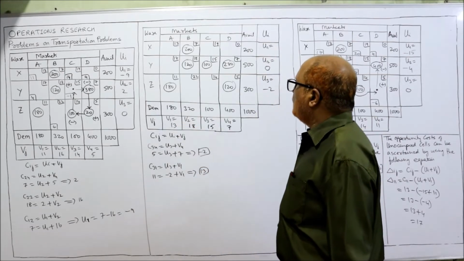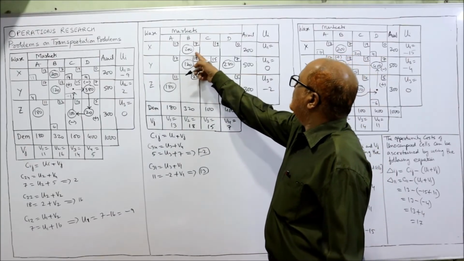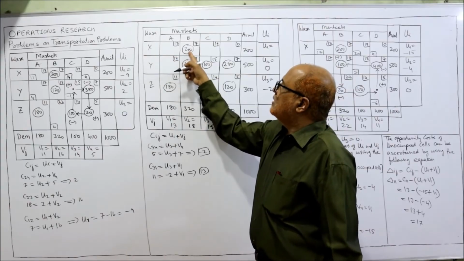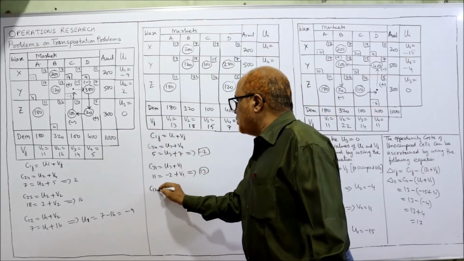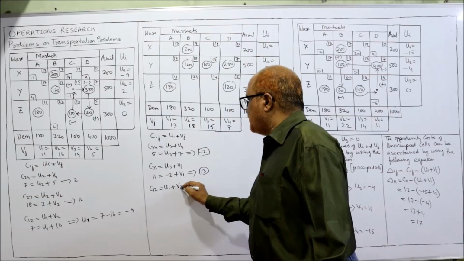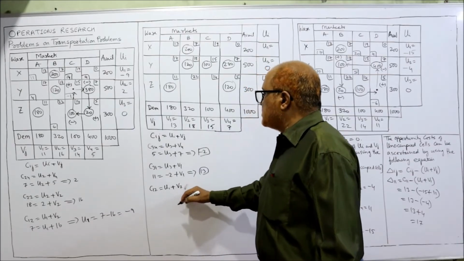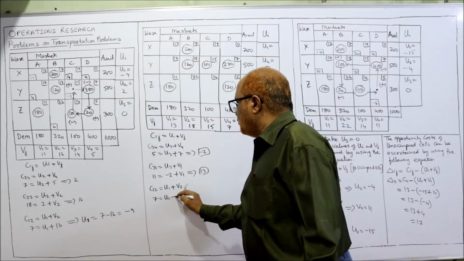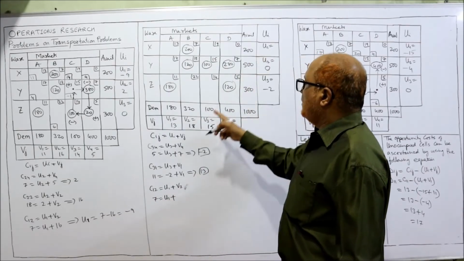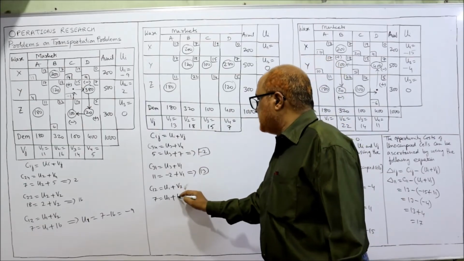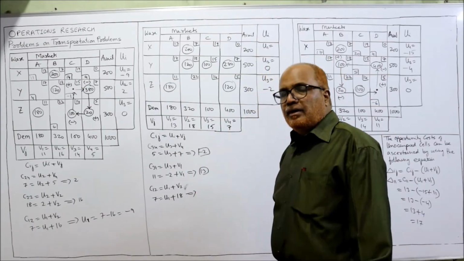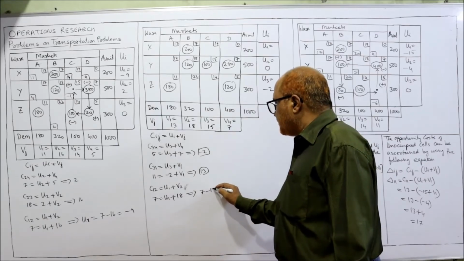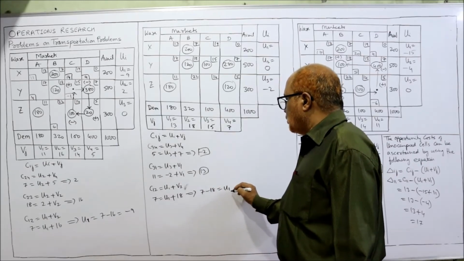That's all. Now one more cell. This cell we will use to calculate the u1 value. What is the location of this cell? First row, second: 1, 2. C12 is equal to u1 plus v2. How much is C12 here? 7. 7 is equal to u1, which we don't have, plus v2. v2 is 18. Take this 18 to LHS. So 7 minus 18 is equal to u1.